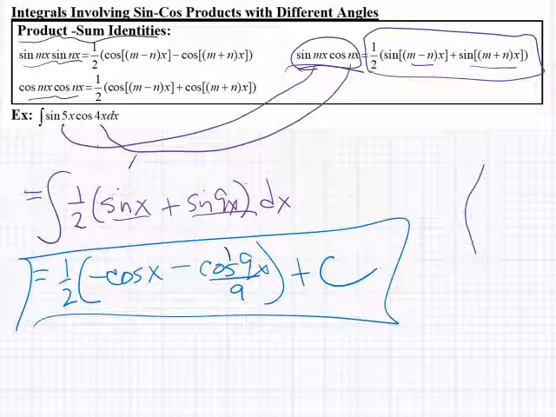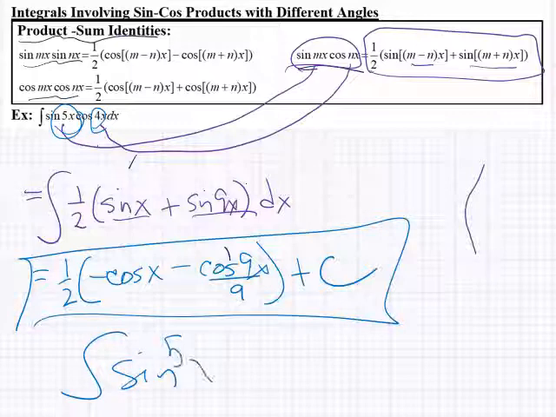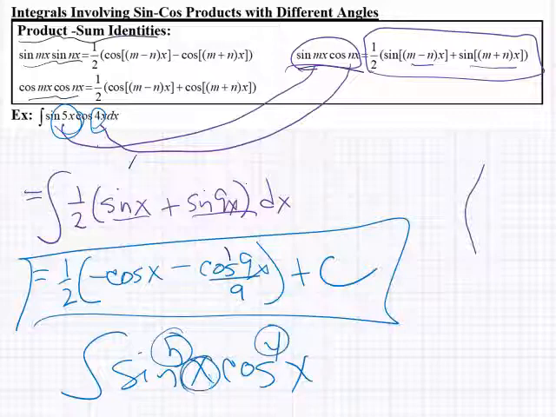But it needs to be stated that this complicates things far more than the different powers complicate things. If I have sine to the fifth x, cosine to the fourth x, that's not too bad. I mean, we can deal with it. Powers are different, but at least the things inside the functions are the same.